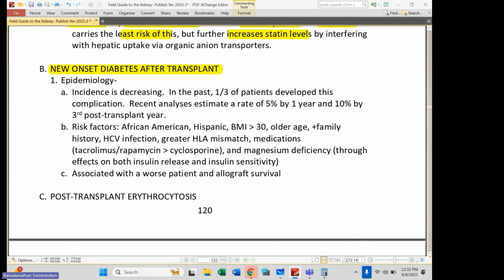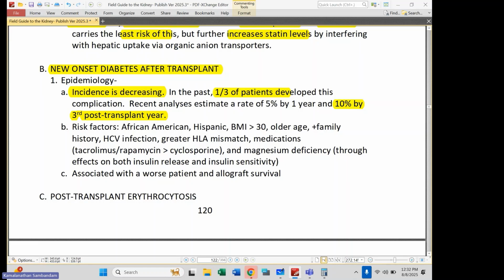So in general, the incidence of new onset diabetes after transplant is decreasing. It used to be roughly a third of patients had new onset diabetes. Now, recent analysis would say in long-term patients, that risk is maybe only 10%. Why are we having less new onset diabetes?